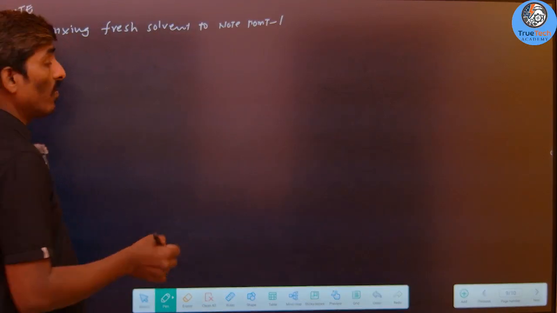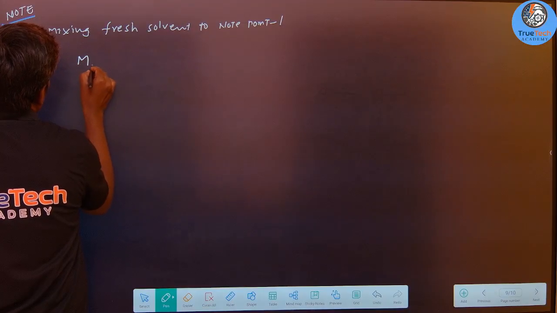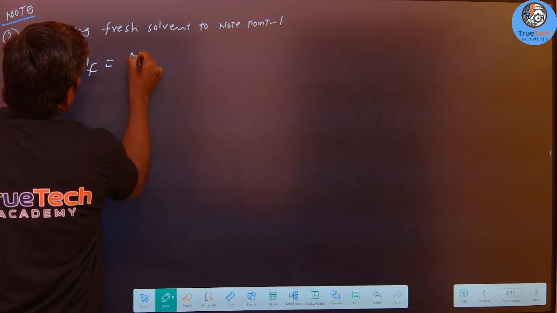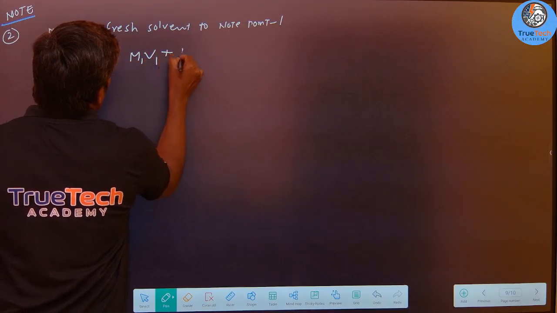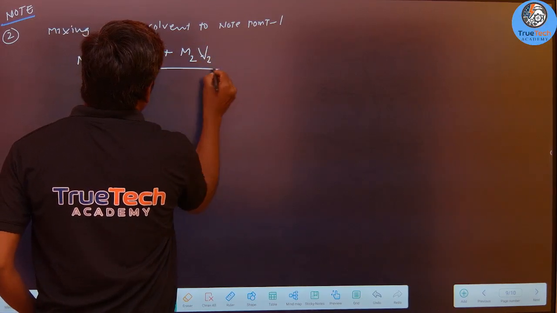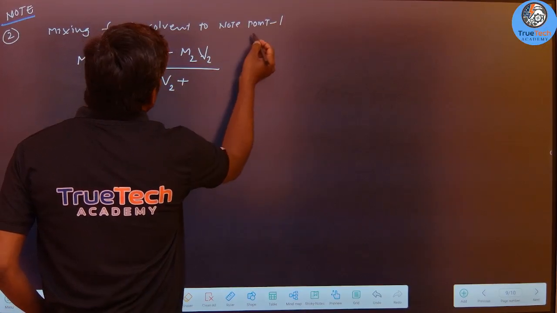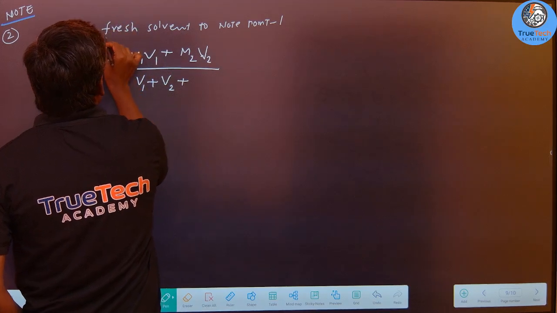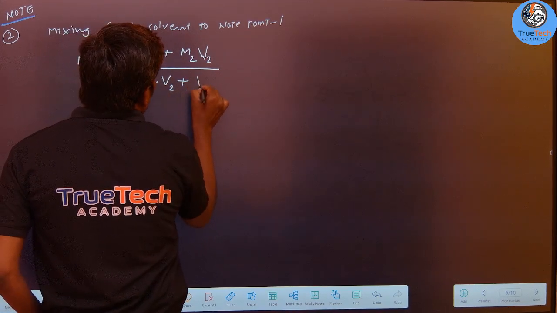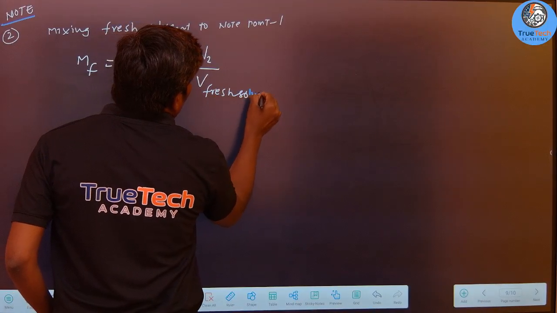Then what will be the formula? Final molarity equal to M1 V1 plus M2 V2 by V1 plus V2 plus V fresh solvent, the fresh solvent that we added. So V fresh solvent is also included.